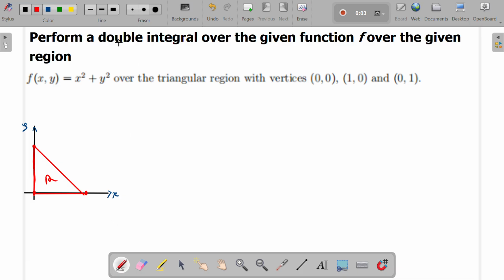So how we proceed here is that we have to come up with the limits.